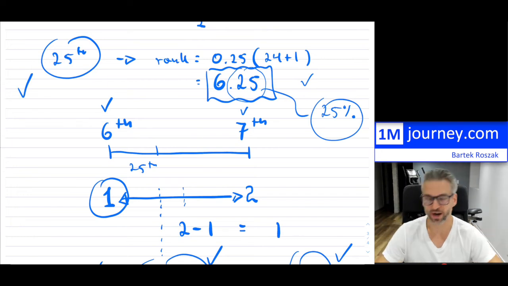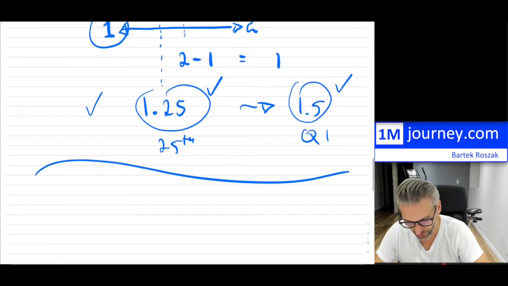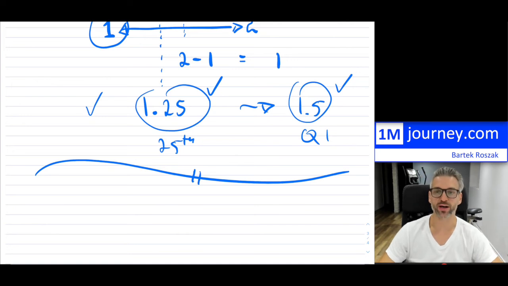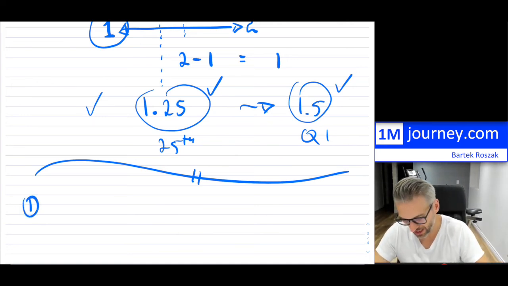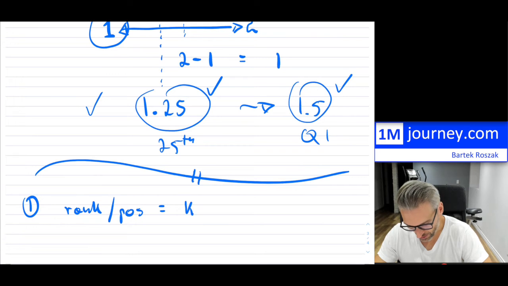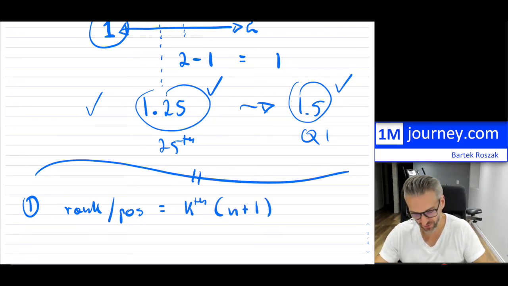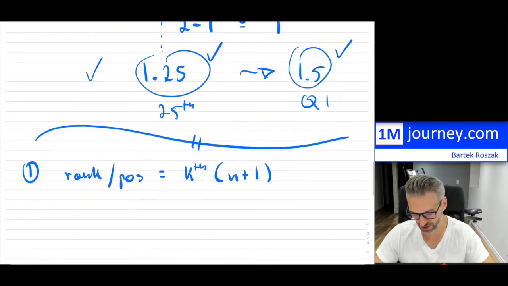So I like doing the calculations. This is what I do. All right, so let's calculate something else. I want to give you another example, just so that we can see the process. The process that I do for a calculation is first find the rank, also known as the position, which just means whatever percent you want multiplied by the number of data points that you have plus 1. That will give you the position.